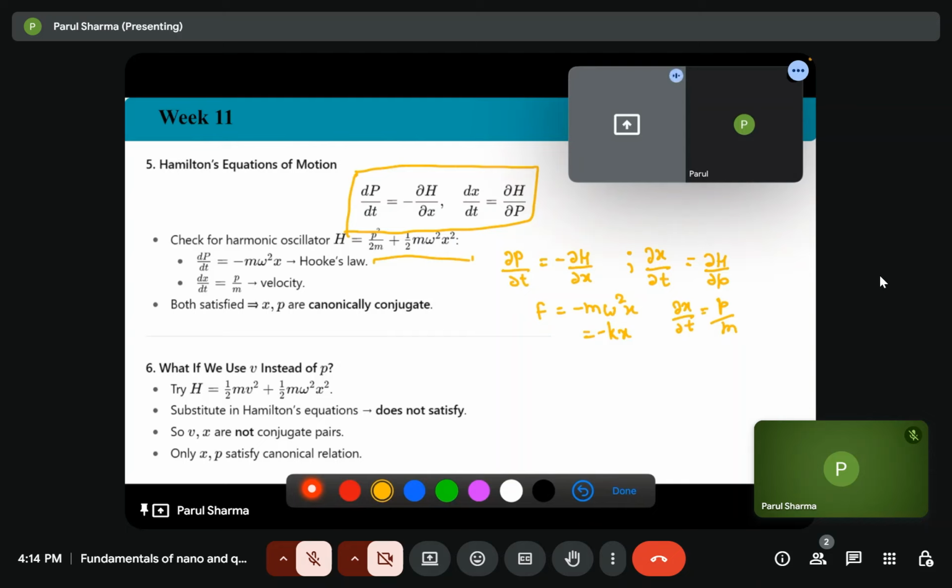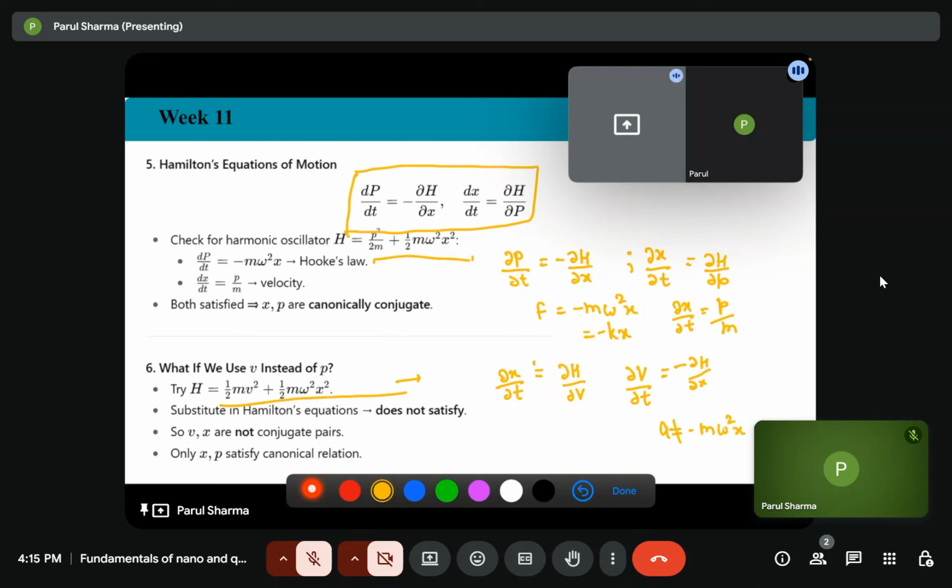Now, in case of this, if we do dou x by dou t, just replace p by v. A is not equal to minus m omega square x, and v is not equal to mv.